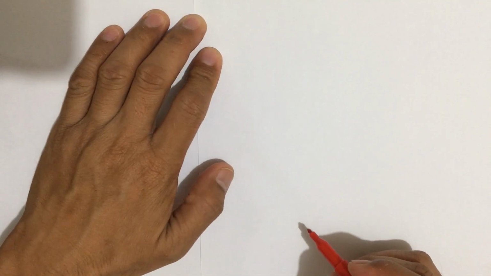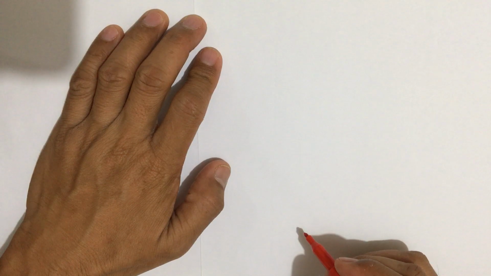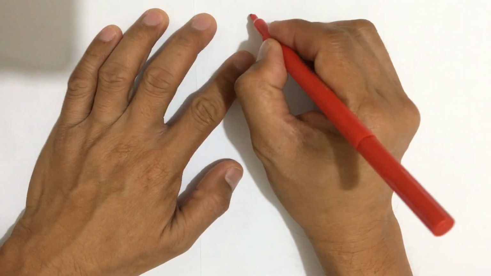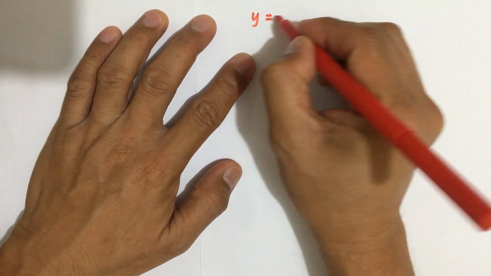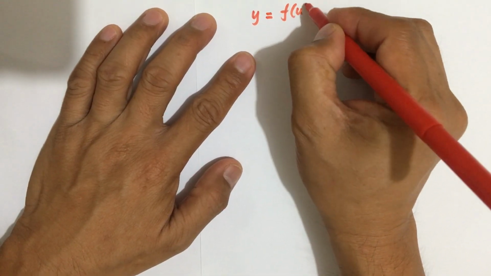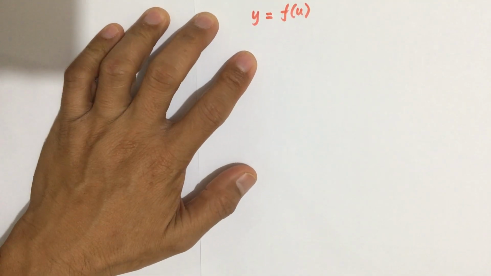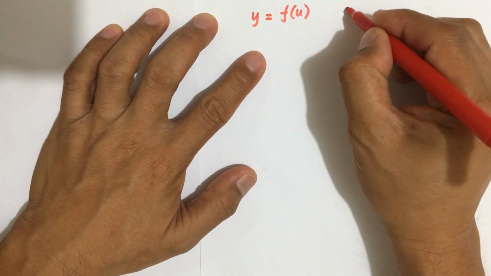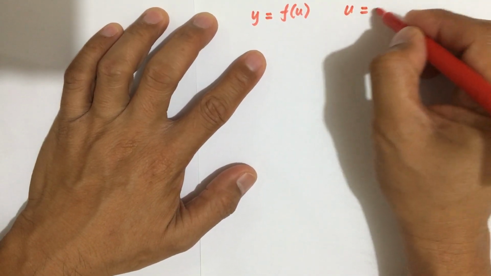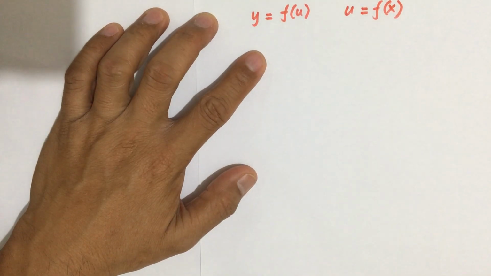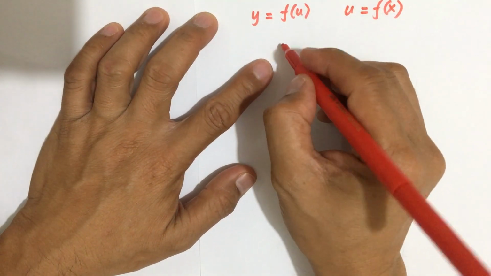Now, if y is a differentiable function of u, and u is a differentiable function of x, then we have this relationship, class.